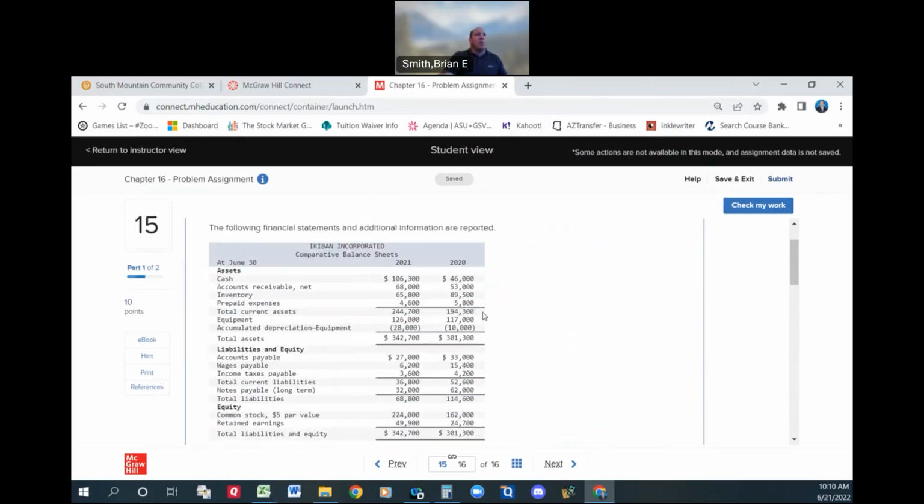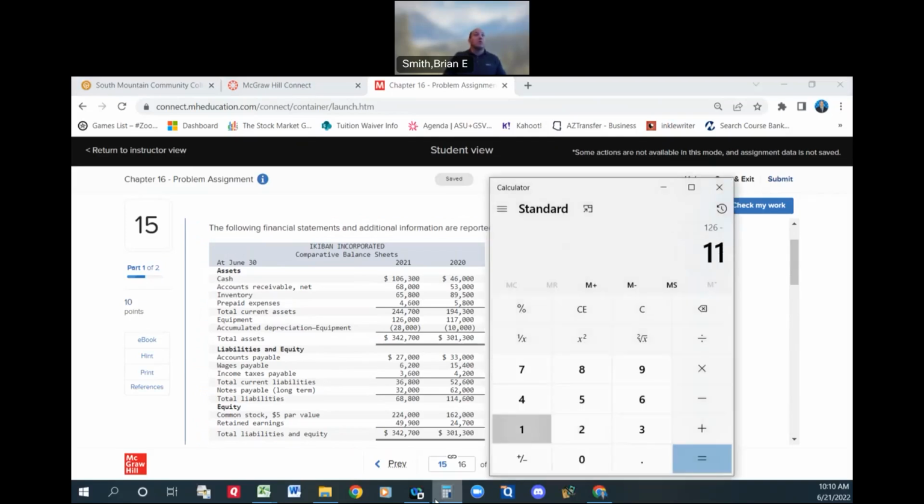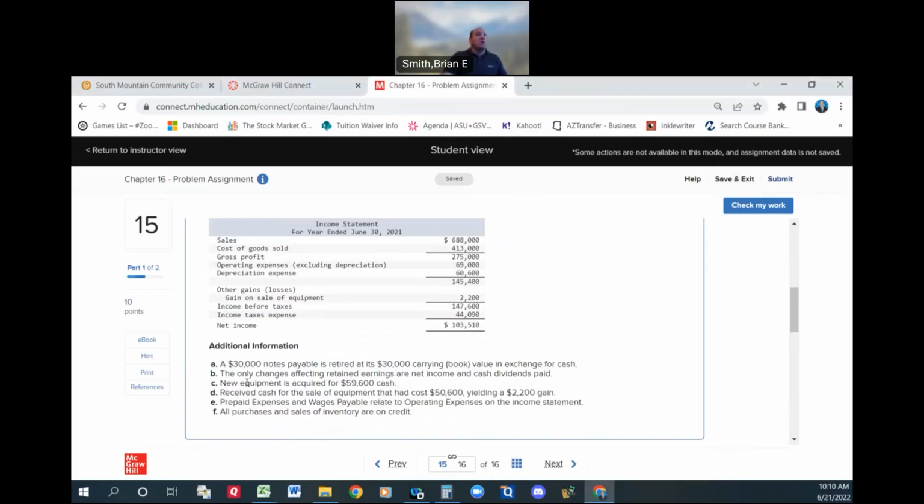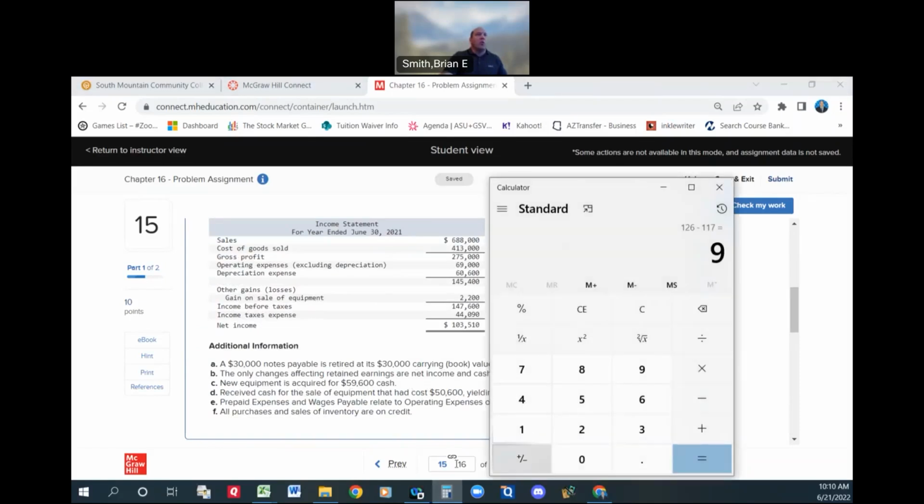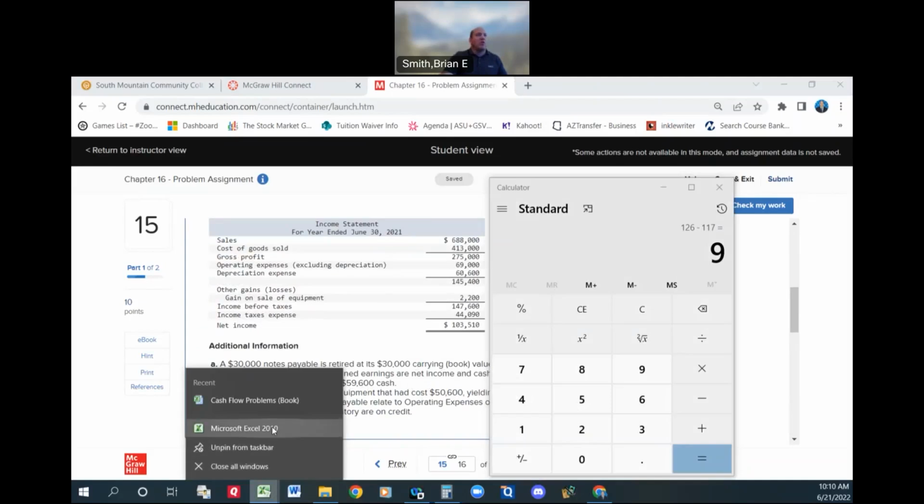Now let's look at our equipment. Our equipment goes up by $9,000. Let's look and see what our equipment. New equipment is acquired for $59,600 cash. So what we're going to need to do is I'm going to open up an Excel file.